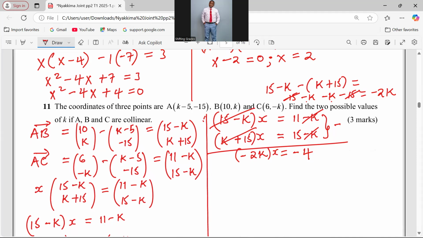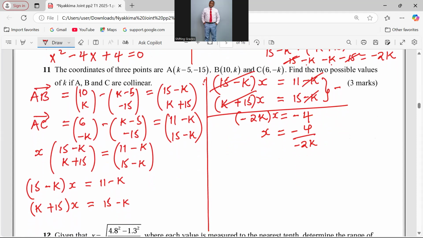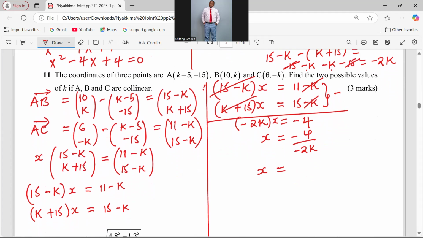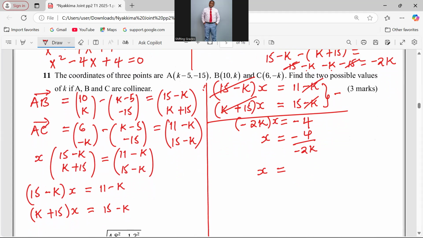We can say that the value of x is equal to negative 4 over negative 2k. The value of x is going to be 2 over k.